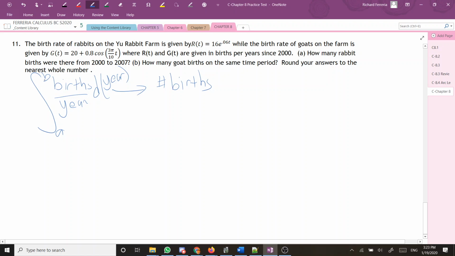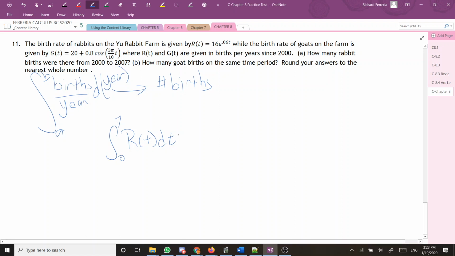Or to be more concrete about this, we're going to integrate R(t) dt. T is my unit of time, in years, between 0 and 7.